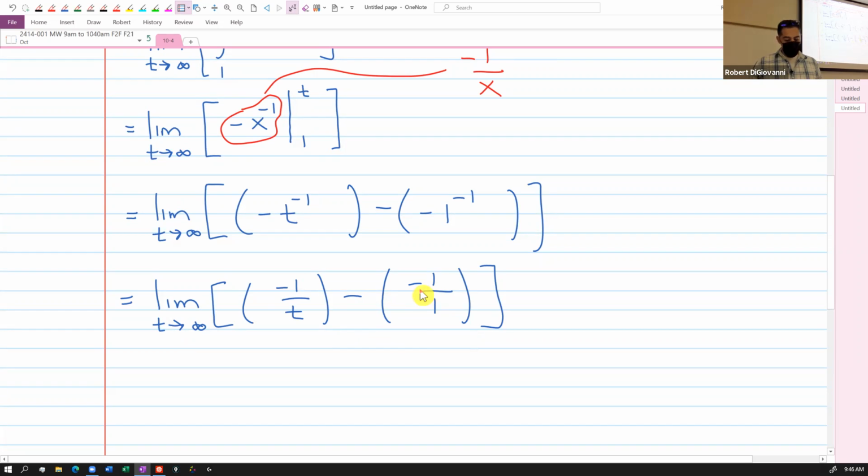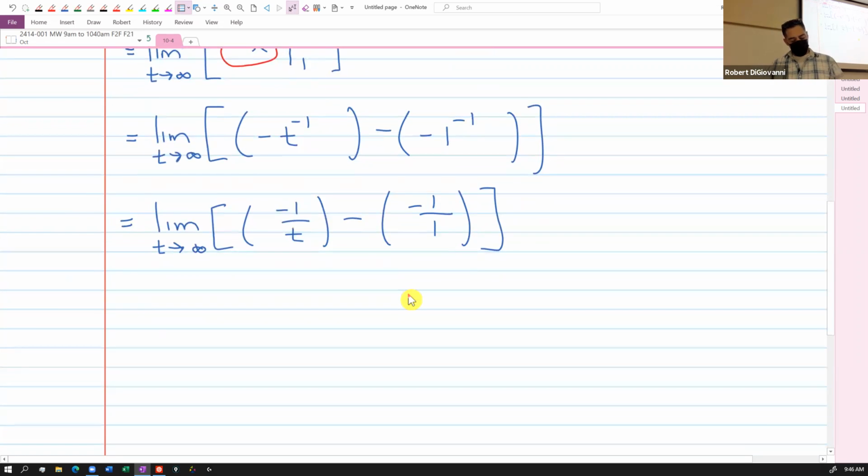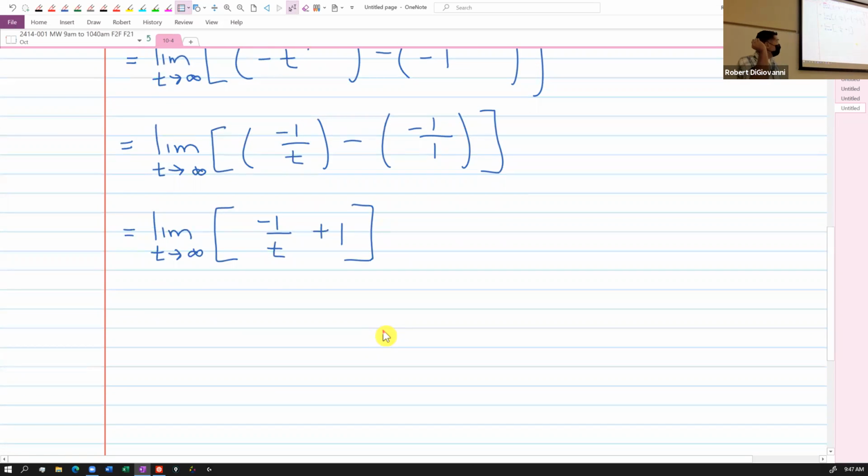This is negative 1. So we're subtracting negative 1. So that's plus 1, isn't it? So this is limit. I'm almost ready to do the limit. We've got negative 1 over t plus 1. There we go. Now let t go to infinity. Right? Let t go to infinity.